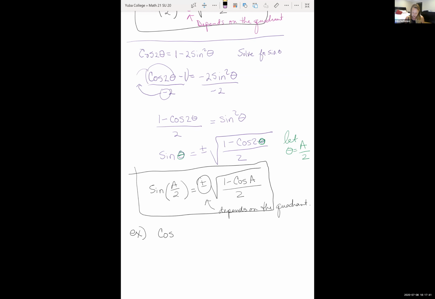So we have cosine of 22.5 degrees. We can do this without a calculator.